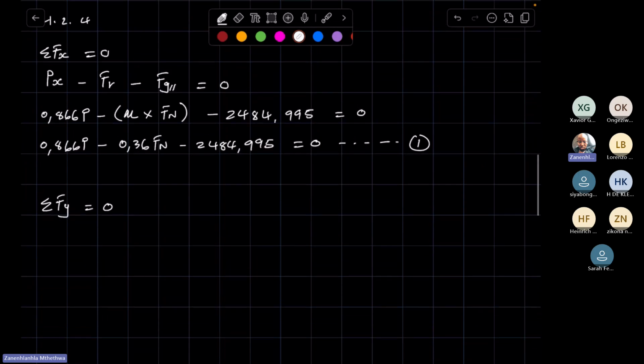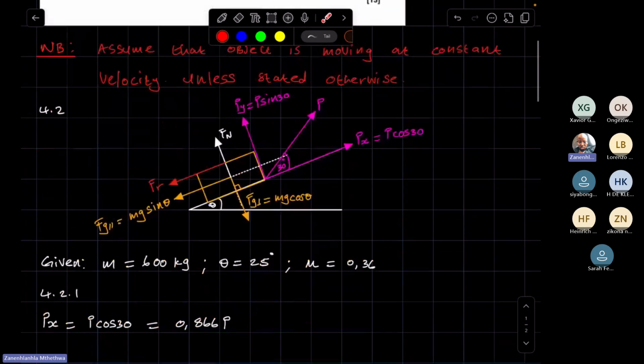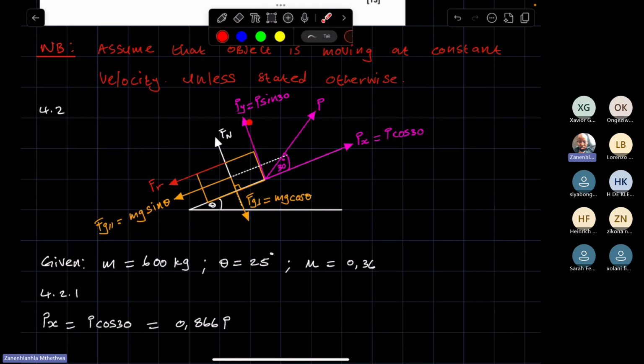Now we look at forces that are parallel with the y-axis. It's the normal force, the component of P that is perpendicular to the plane, that's Py, and then of course Fg perpendicular.